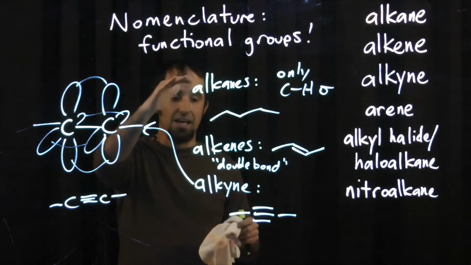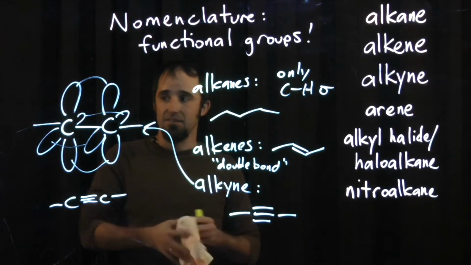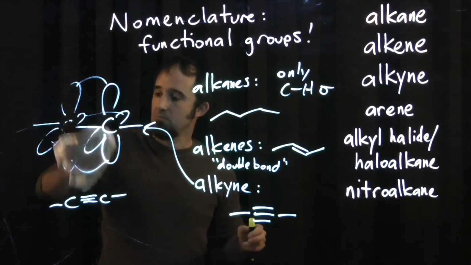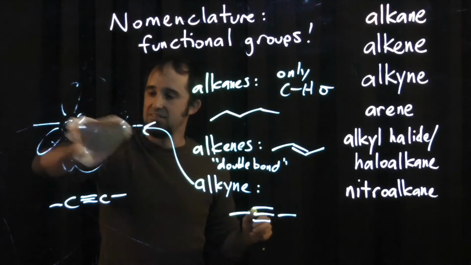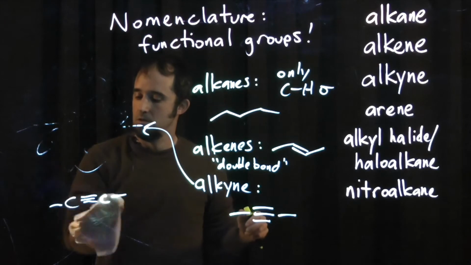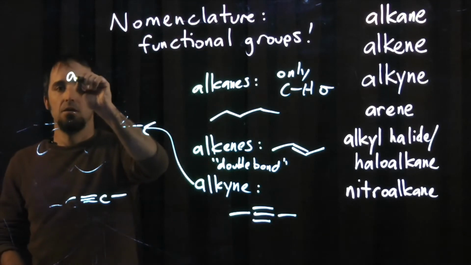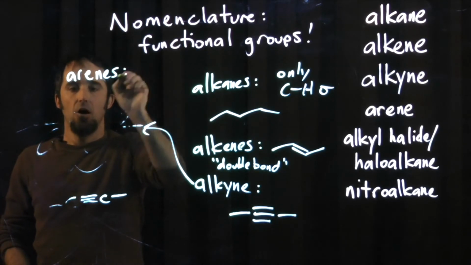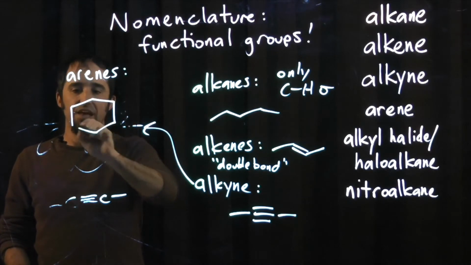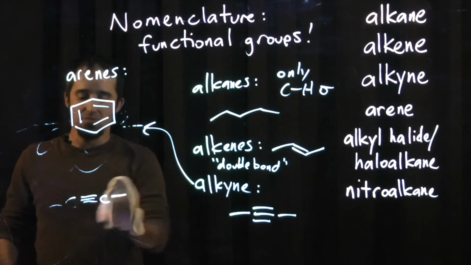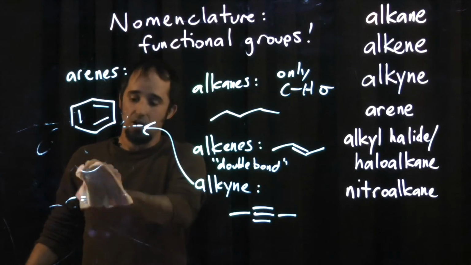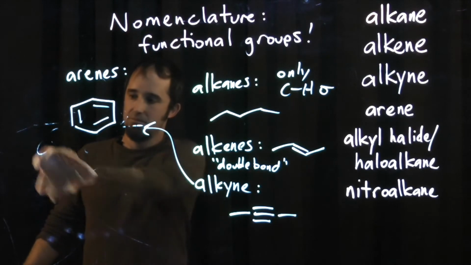One more, alkanes, alkenes, alkynes, and one thing I'll throw in that's sort of a special case is an arene. Arenes are compounds that have a 6-membered ring with 3 alternating pi bonds.